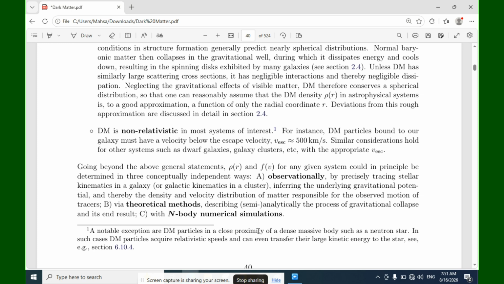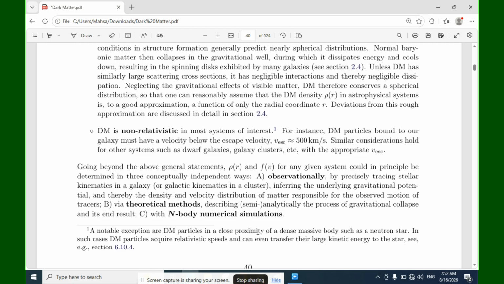For instance, dark matter particles bound to our galaxy must have a velocity below the escape velocity, v_esc equal to about 500 km per second. Similar considerations hold for other systems such as dwarf galaxies, galaxy clusters, etc., with the appropriate velocity for escape.